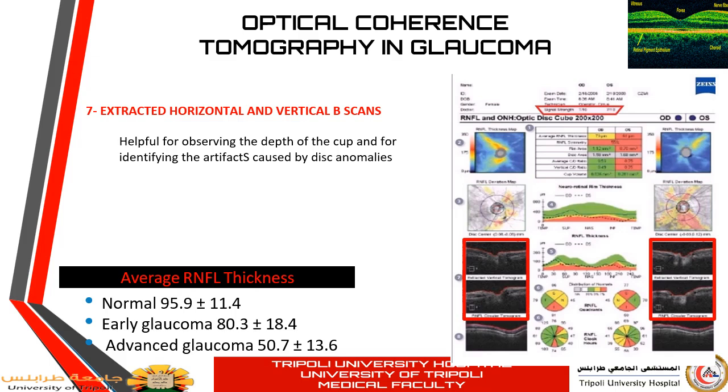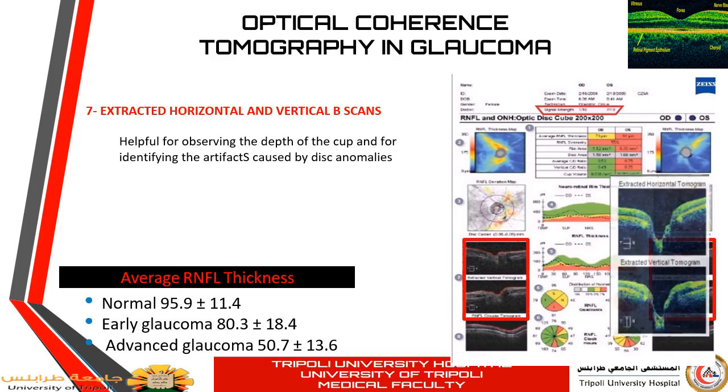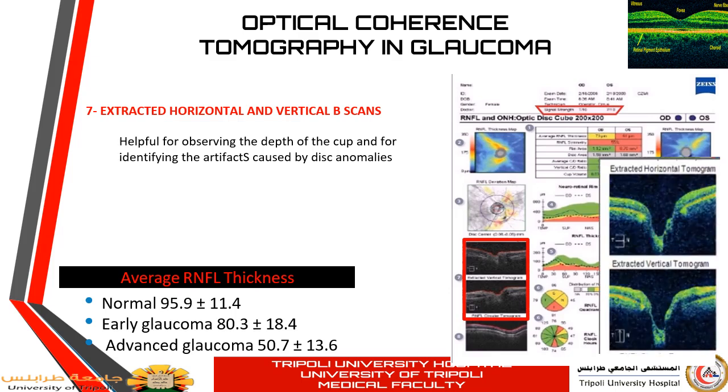If there is any artifact or abnormality attached to the disc, you can see it here, so that you can interpret the finding of the neuroretinal rim and thickness based on the appearance of the optic disc. For example, you see here the dipping and the shape of the cup in the horizontal and vertical view. So this is called the extracted horizontal and vertical B scan.